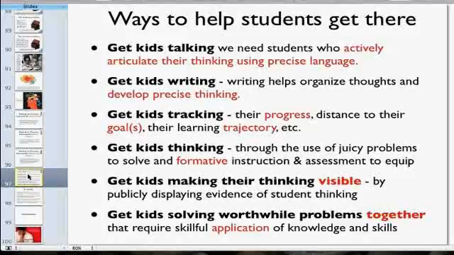Get kids making their thinking visible, so publicly displaying evidence of their thinking. And this is incredibly important. Writing on posters and keeping it up and having kids find evidence and posting the evidence publicly and talking about it and articulating it. And then finally, getting kids to solve worthwhile problems together that require application of these great standards and the great stuff that we're teaching kids.